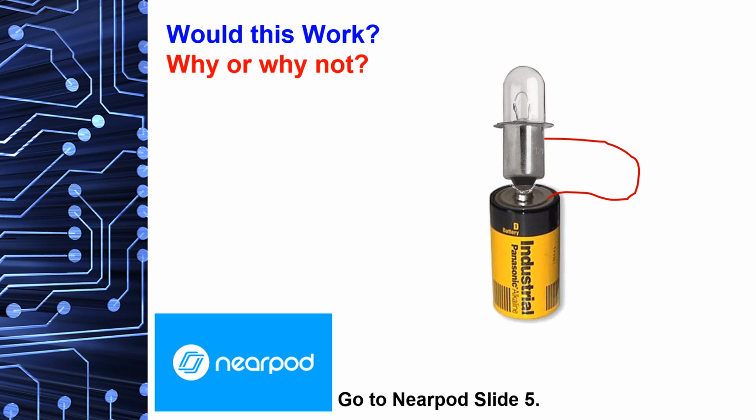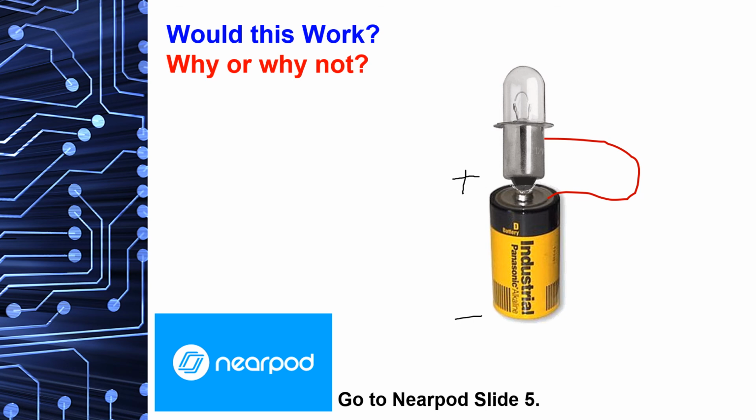Okay, so what about this one? What did you think? Now here we have that positive side of the battery and the negative side of the battery. Here is our load, our light bulb. We have the wire touching the metal, conducting, maybe, and then we have it touching here. But notice how both of the wires, this one is touching the positive side of our power source, and then it's just touching the light bulb.